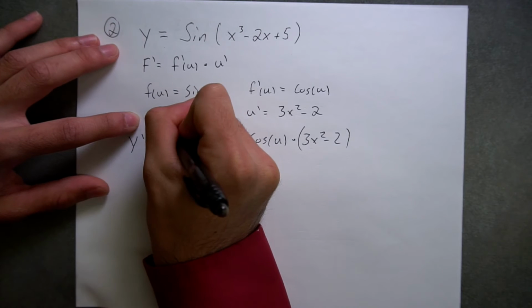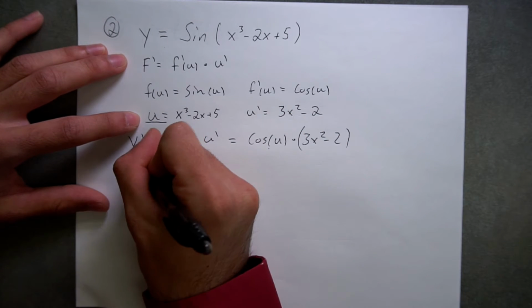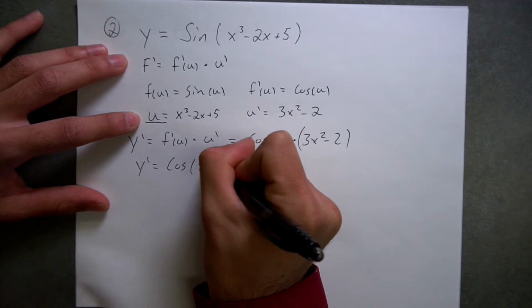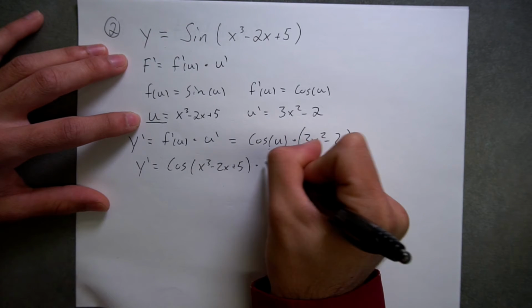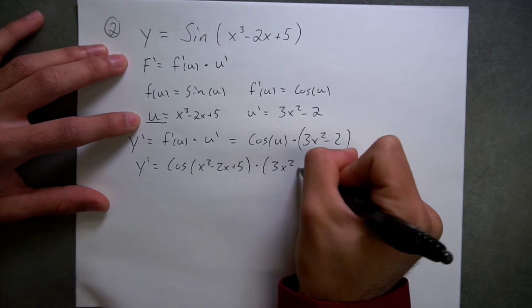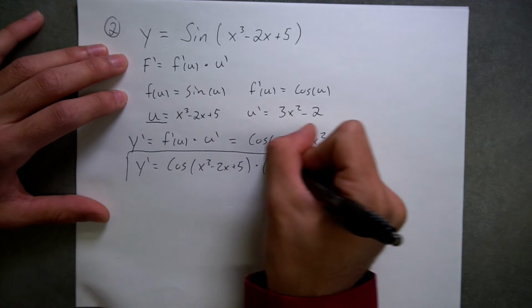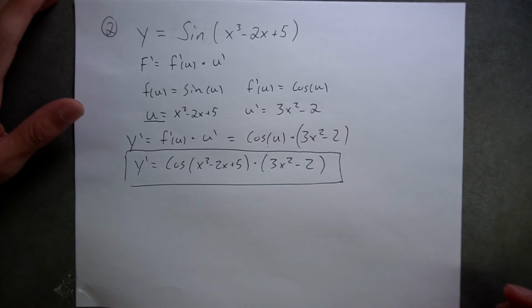We have to substitute back in u inside this cosine. So y prime is cosine of x cubed minus 2x plus 5 multiplied by 3x squared minus 2. We apply the chain rule, and that's our derivative for problem 2.